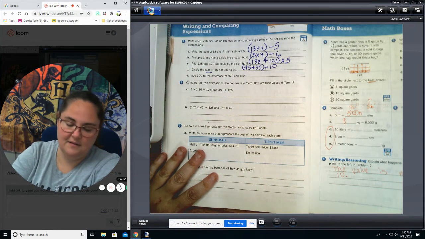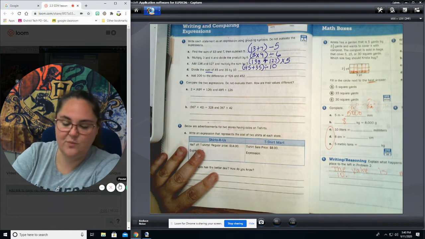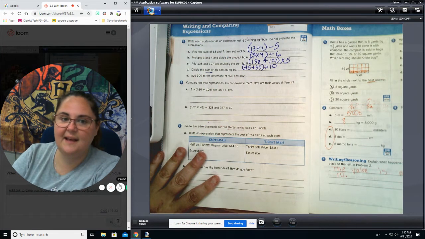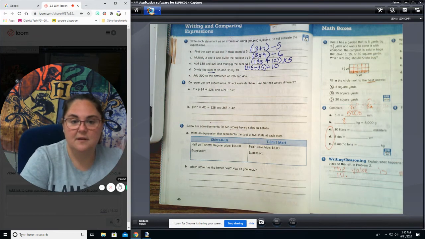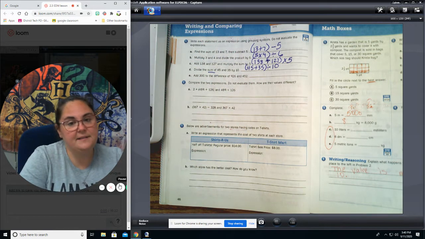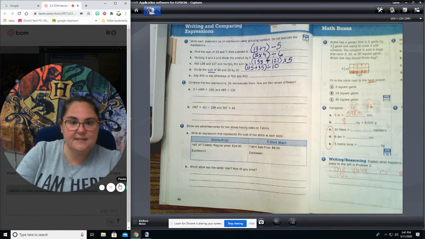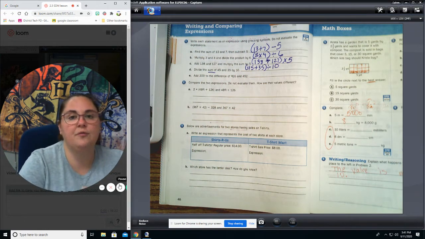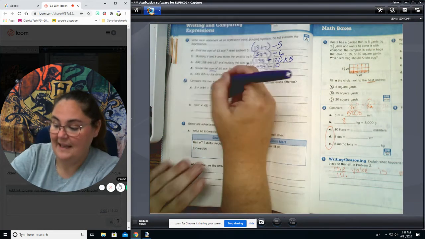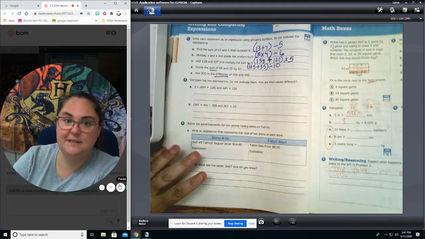All right. This next one is, again, a little bit tricky. Add 300 to the difference of 926 and 452. What do I have to do first? I have to find the difference.